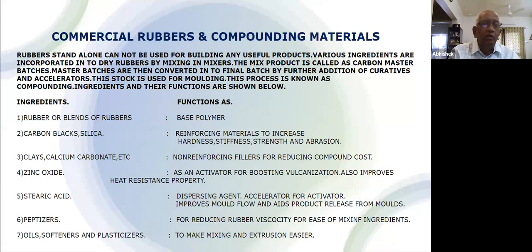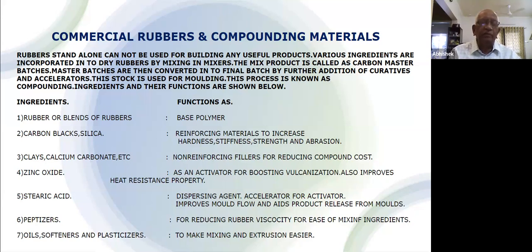Then there are certain agents used as peptizers. This is basically used for natural rubber. As I told you in the beginning, natural rubber is natural and it doesn't have any control on the molecular weight.